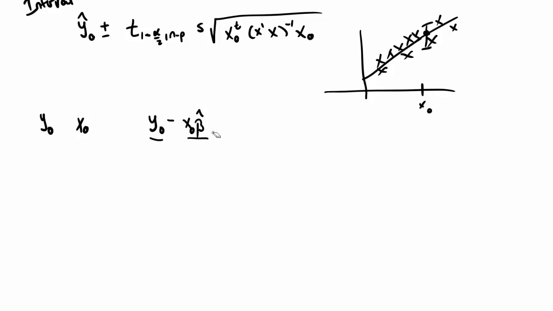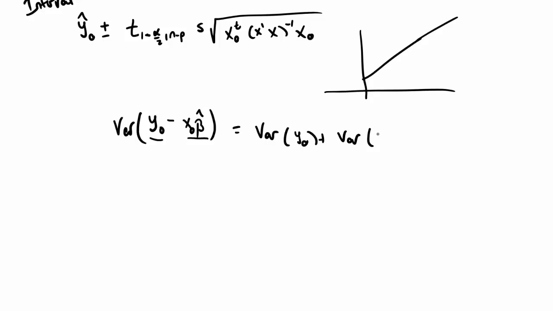Now the variance of this is the variance of y naught plus the variance of y naught hat. I can move that variance across that sum because this beta hat didn't involve this potential new value of y naught in its calculation, so they're independent.